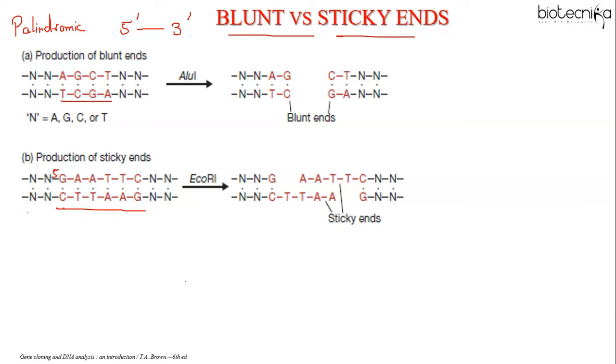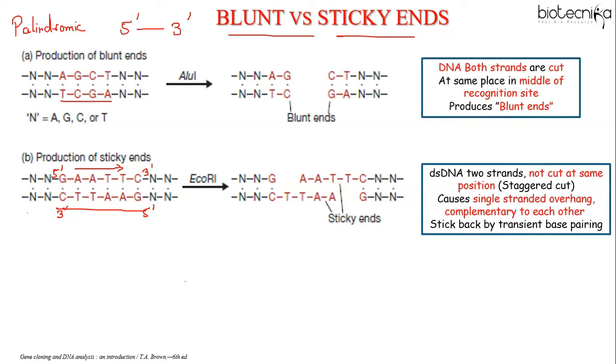For example, the EcoR1 recognition sequence is GAATTC. So in the 5' to 3' direction on one strand, it is read as GAATTC, and on the other strand, if we read it again from 5' to 3' direction, it is read the same, GAATTC. So these are palindromic sequences.